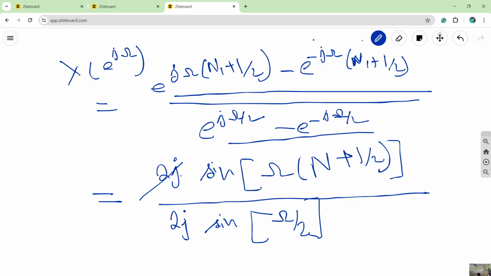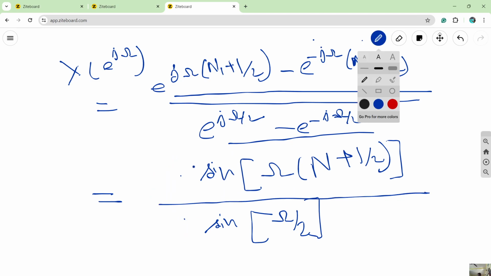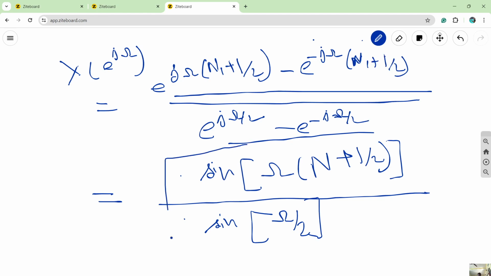So these two cancel out. The answer is sine of omega n1 plus half by sine of omega by 2. So these two terms cancel out and this is the answer.